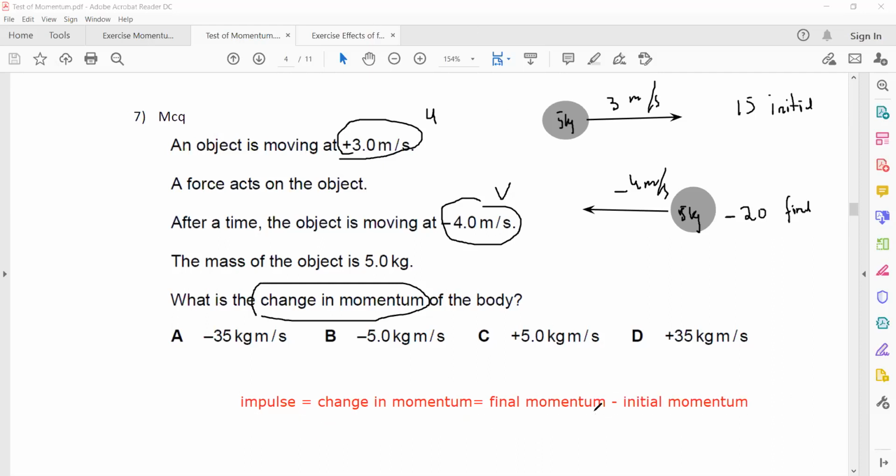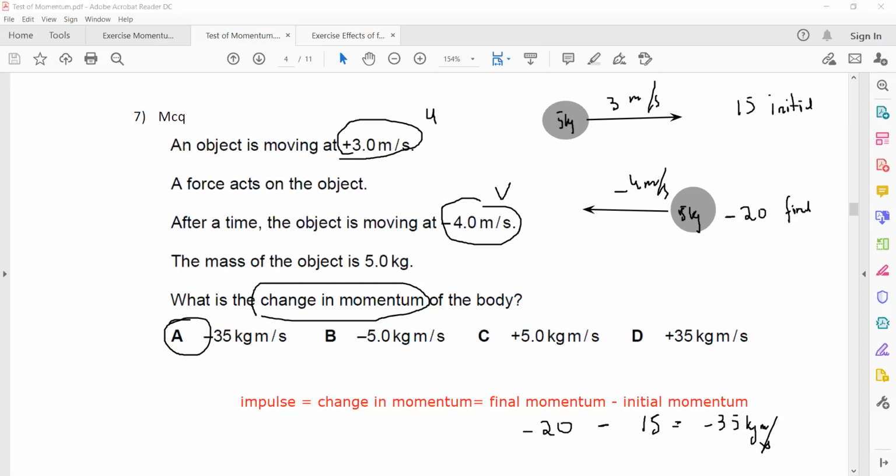The final momentum was given as minus 20, minus the initial momentum of 15. So minus 20 minus 15. What will we get? We'll get minus 35 kilogram meter per second. So A will be the right answer. Is it clear? The concept of impulse and momentum. Momentum is a product of mass and velocity, and impulse is a change in the momentum or difference in momentum.